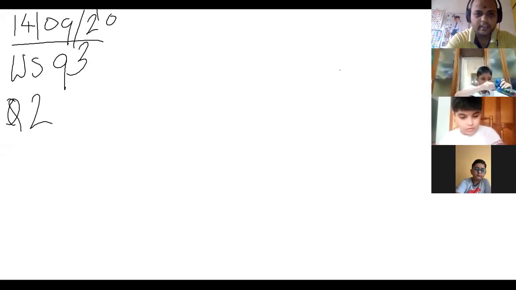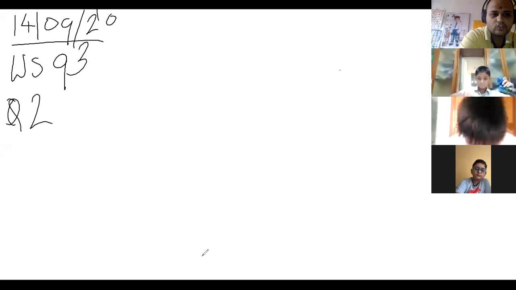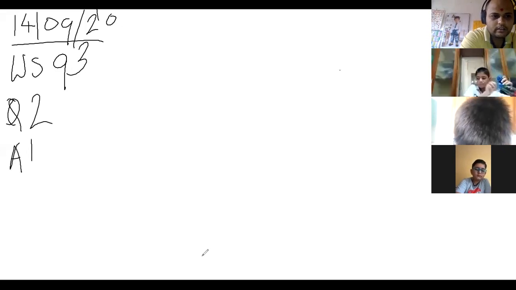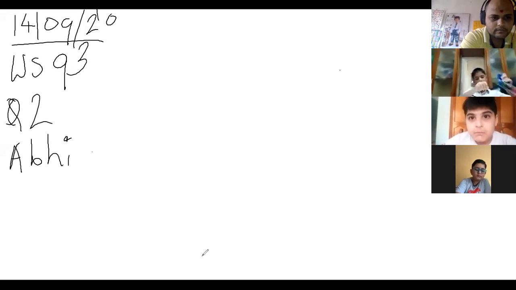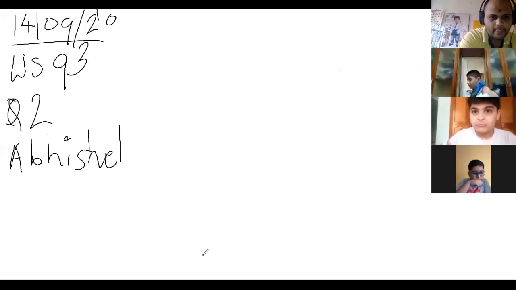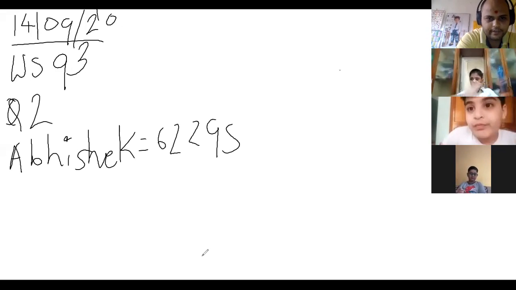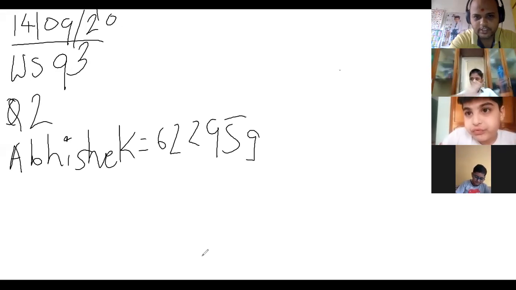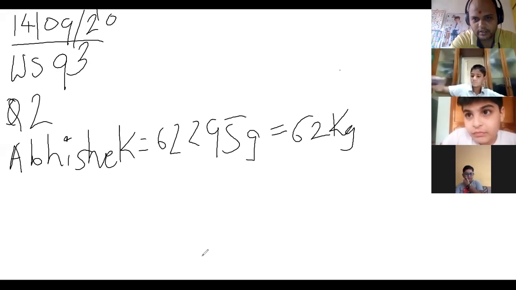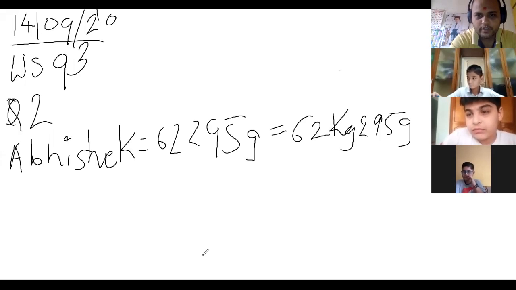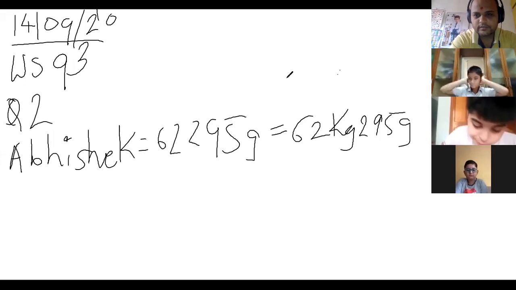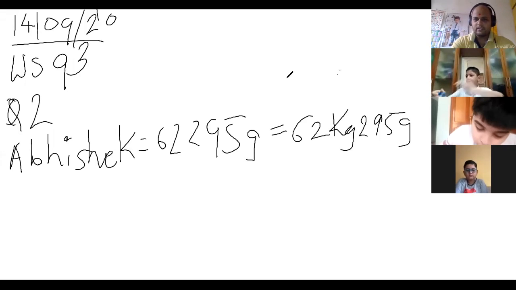So from the given, Abhishek is equal to 62,295 gram, which is 62 kg 295 gram. We know how to convert it, so I'm going to do it directly. Yes, that is easy.